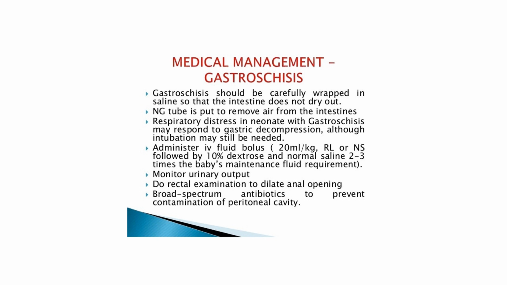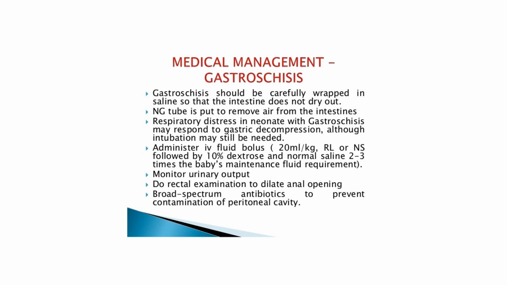So what are the medical management measures of gastroschisis? The gastroschisis should be carefully wrapped in saline so that the intestine doesn't dry out. So before the surgery, we need to cover the protruded organ with saline, so that the protruded organ, that is the intestine, shouldn't dry out.